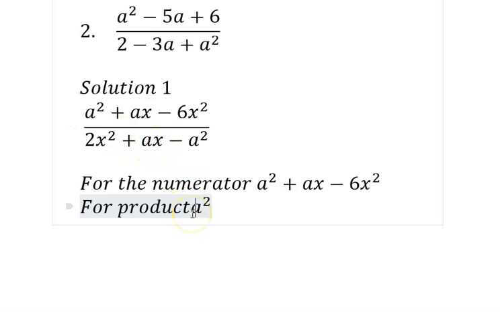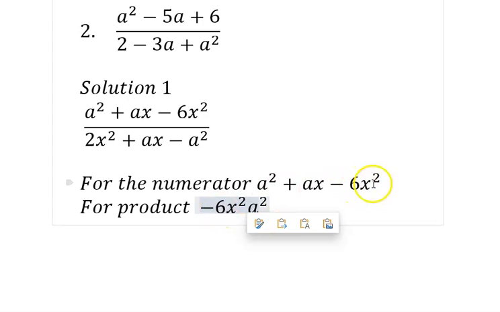So let's say for product now, our product will be multiplying what we have at the extreme left and what we have at the extreme right. Product means when you times them, you get that answer. So we have a squared and minus 6x squared. If you bring these two together and multiply them, your product will now be 6x squared a squared.